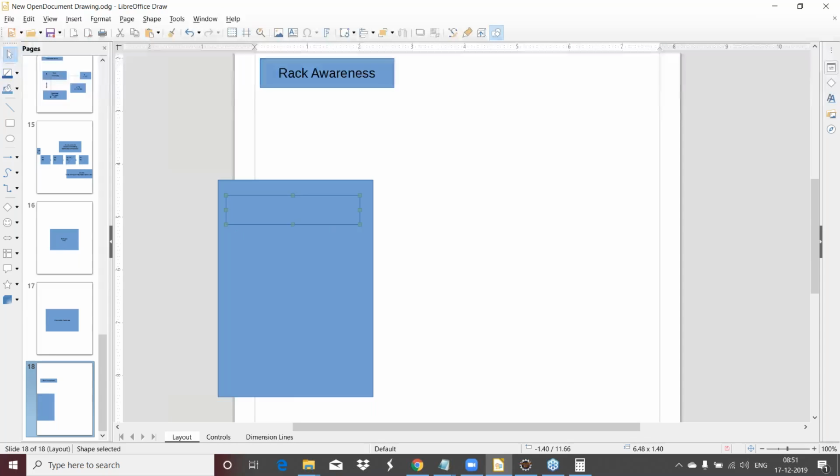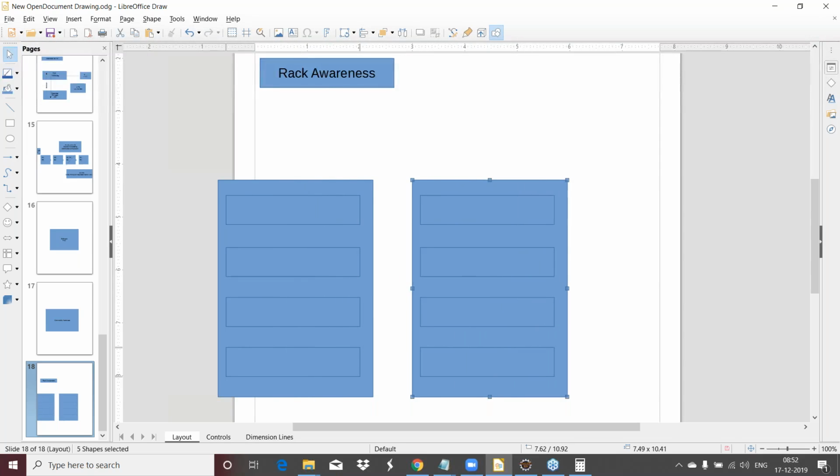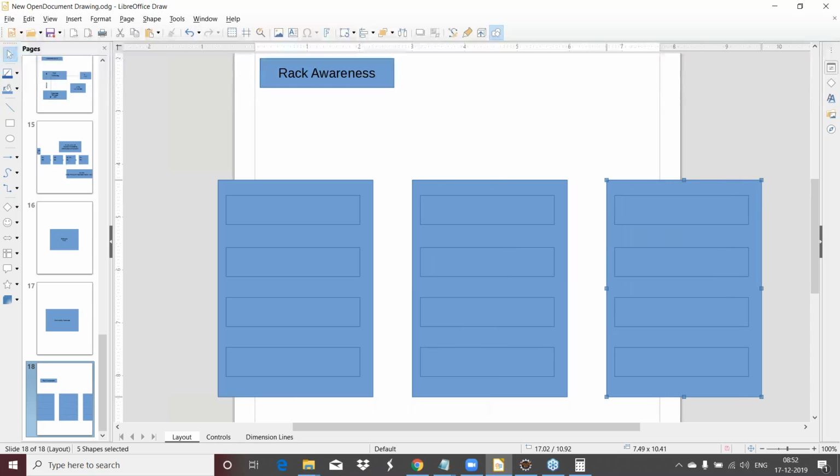So let me say this is your first server, this is your second server, this is your third server, and this is your fourth server. So you have got multiple servers available in one rack, and this is how the arrangement is going to be.